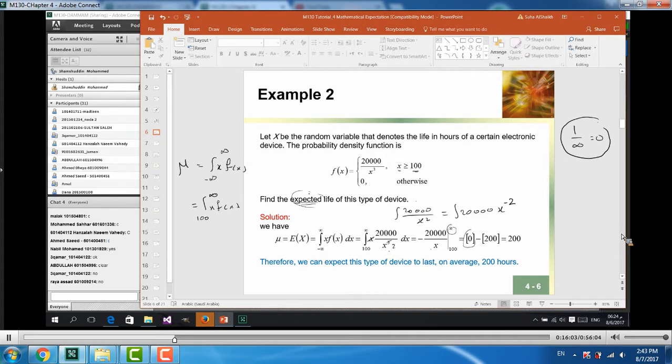So the first part goes to 0, minus substituting with 100, which gives 200. So the answer is 200. The average value is 200 hours. So on average the service lifetime of each battery is 200 hours. Is that clear? Any question?